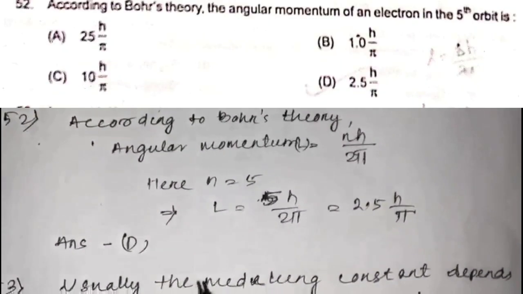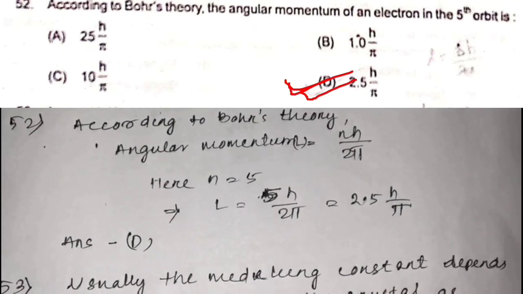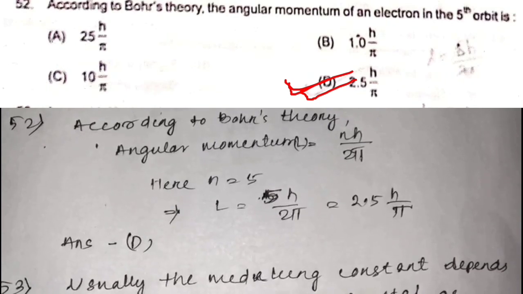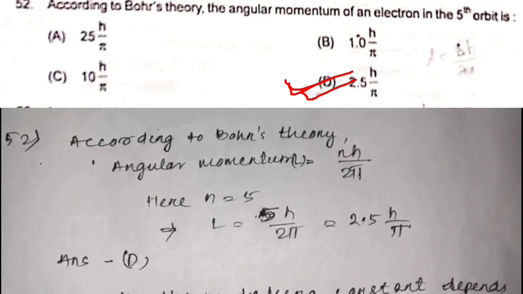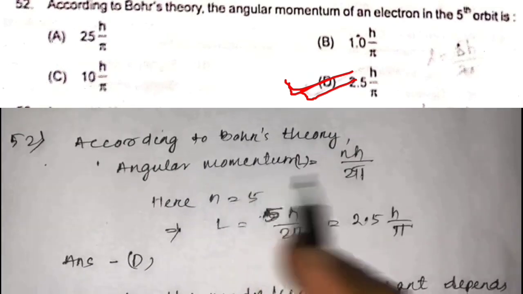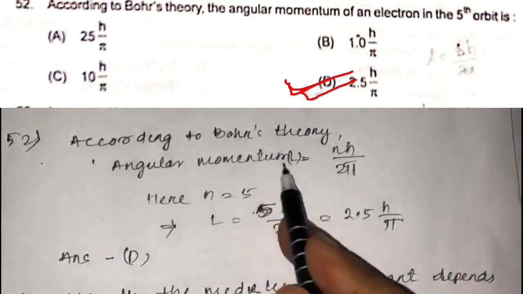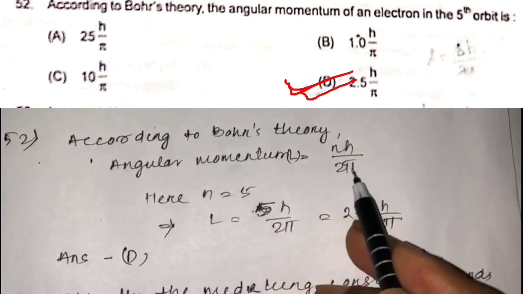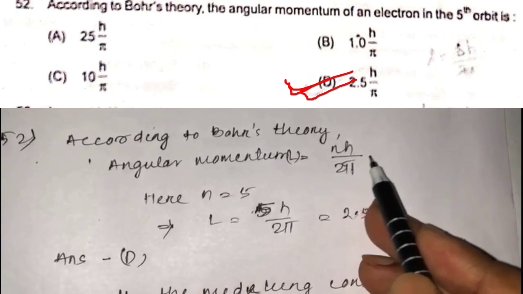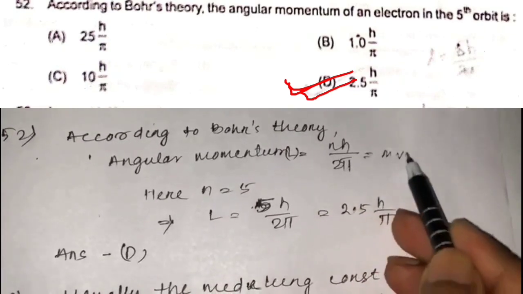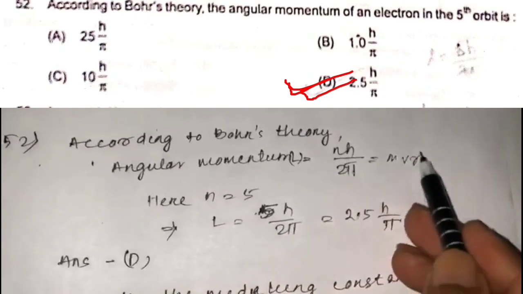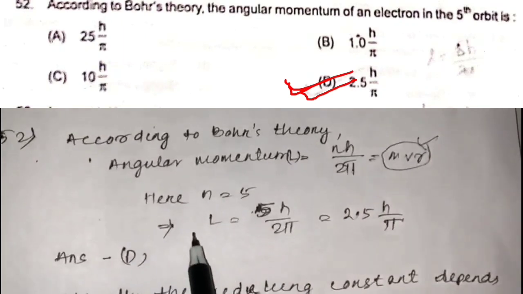So the next question, according to Bohr's theory, the angular momentum of an electron in the fifth orbit is, okay, so according to Bohr's theory, the angular momentum, that is L, will be equal to nh by 2 pi, which in turn equals mvr. So no need of this particular formula.